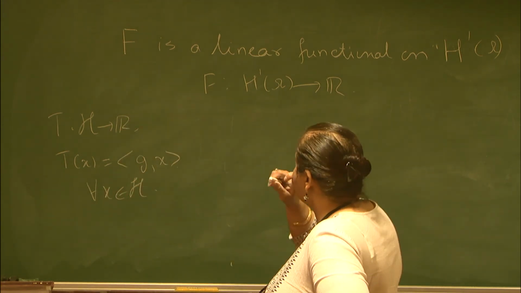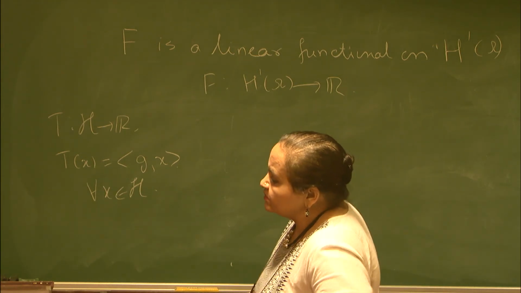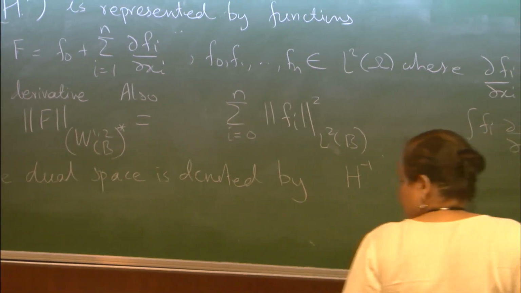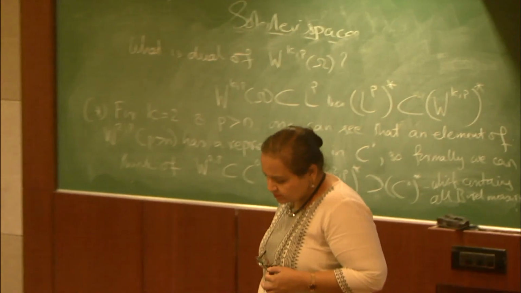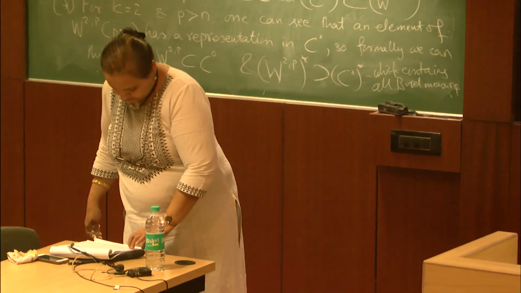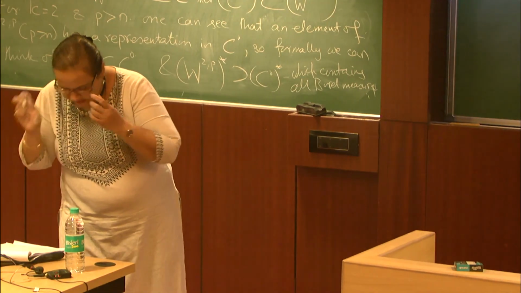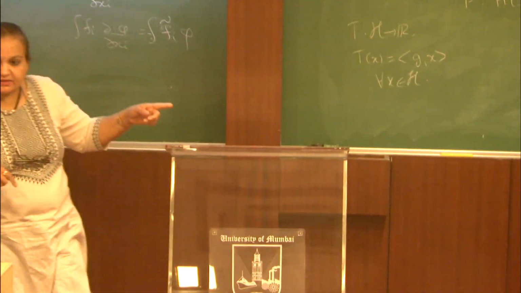What do we have? If you are having a linear functional from here to this one, on H^k, what does it mean?